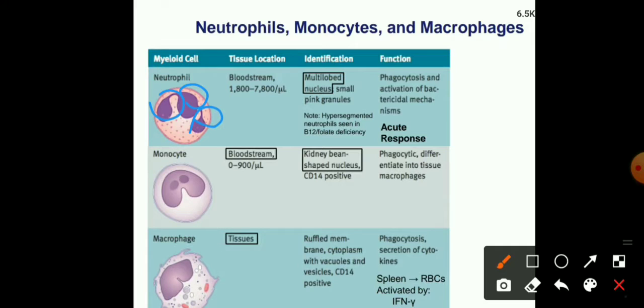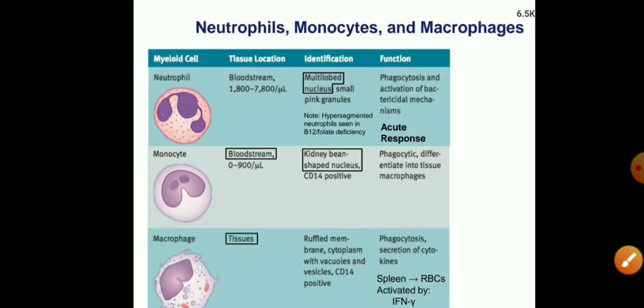In H&E stain the granules stain pink, and the nucleus will be stained blue. That's the identifying feature, and the function is phagocytosis and activation of bactericidal mechanism.